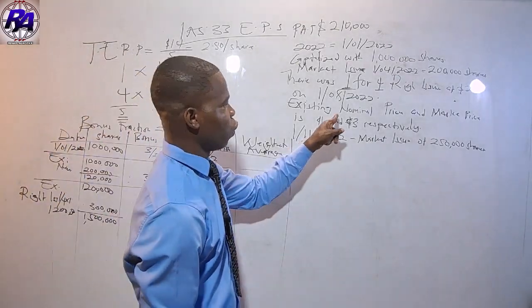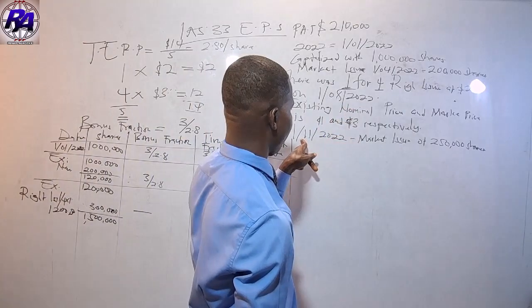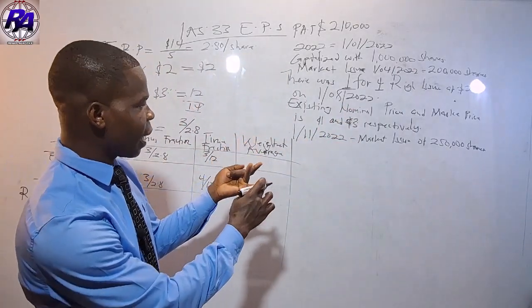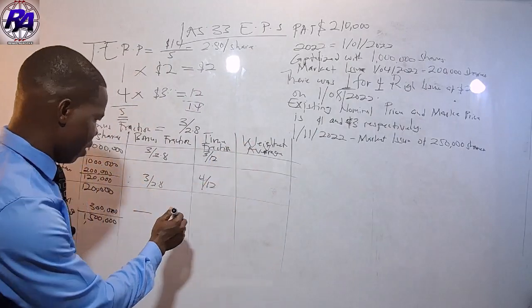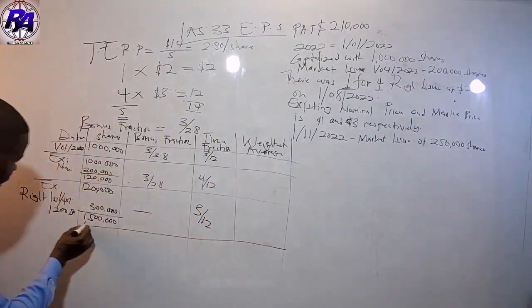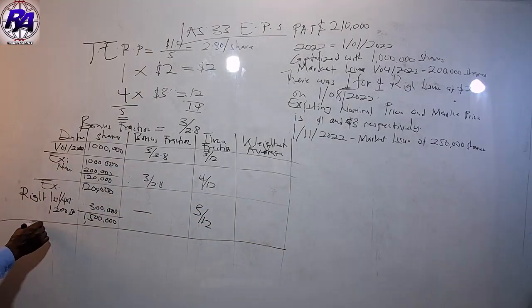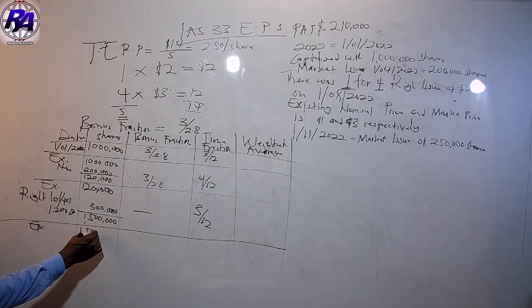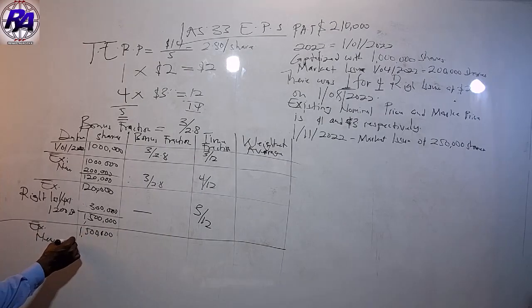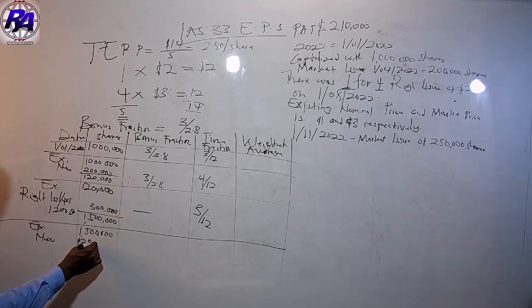Remember that from the date of this issue, the bonus fraction will not come again, but the time fraction will continue. So what was the next issue? It was on 1st of November. So from August, September, October, 3. So this is going to give us 3 on 12. This is for this particular one. Then what is our existing? Existing is 1,500,000. And then our new is 250,000.